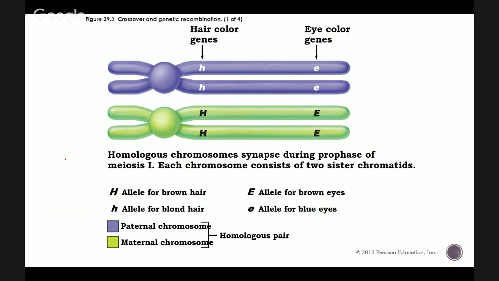Now, one of the things that helps us out as a species, and any species, is genetic variety. We don't want to have children that are exactly the same as the parents, genetically. And as a species, you want variation, you want variety, because it makes the species stronger and better adapted to survive.